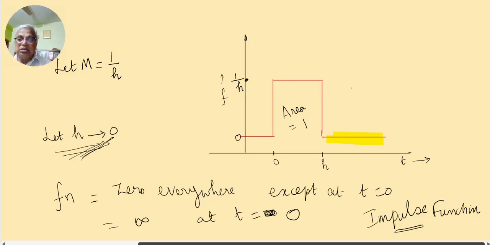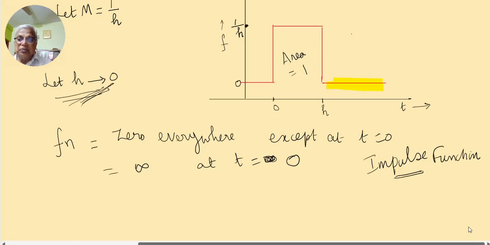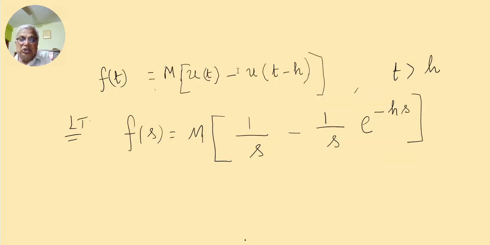So how does it look practically, and how do you visualize this function? Before we see how this function looks practically, let us try to write the equation for this from the pulse function equation. This is a pulse function equation, right?